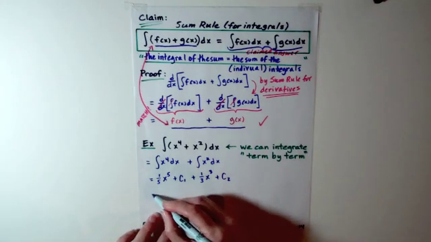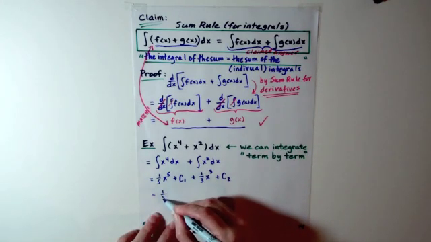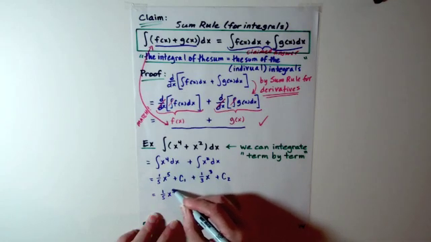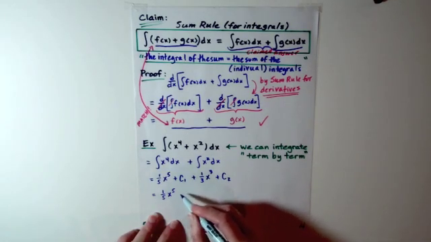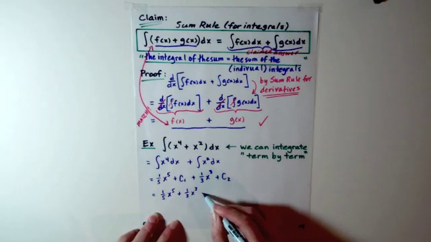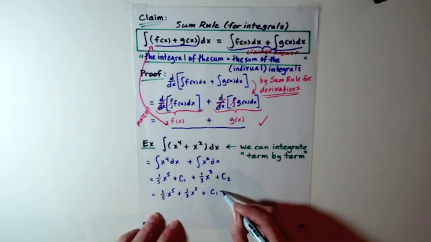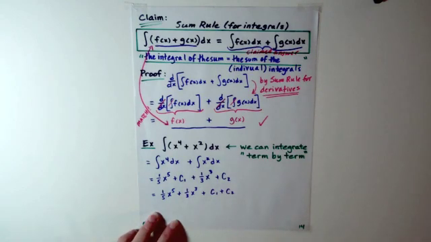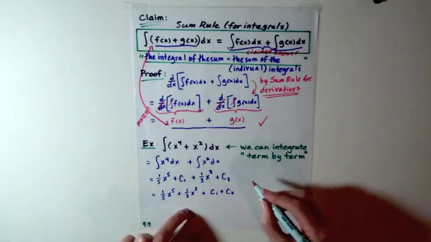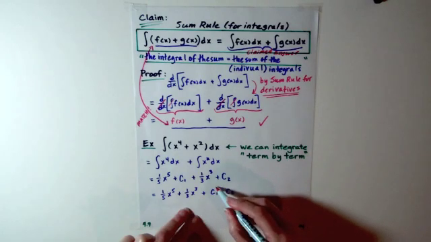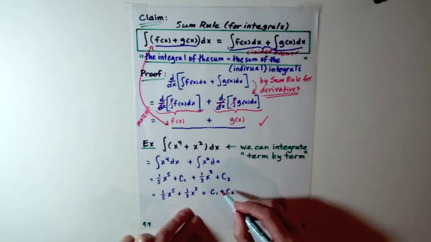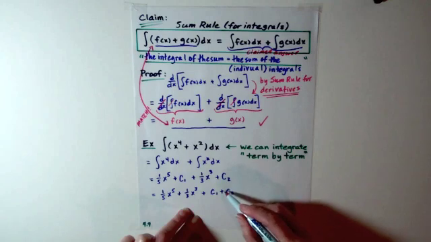Let me just rewrite this by reorganizing the order of these terms. I'm going to put the x terms together, so 1/5 x to the fifth plus 1/3 x cubed, and I'm going to put these integration constants together at the end. What I want you to do is to think about the fact that c1 ranges over all possible real numbers, and c2 ranges over all possible real numbers.